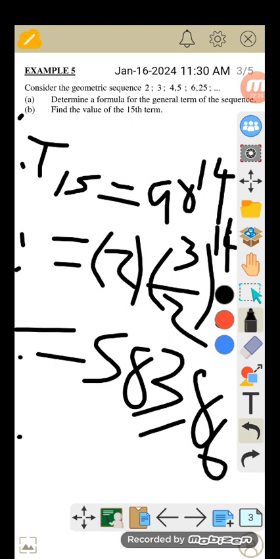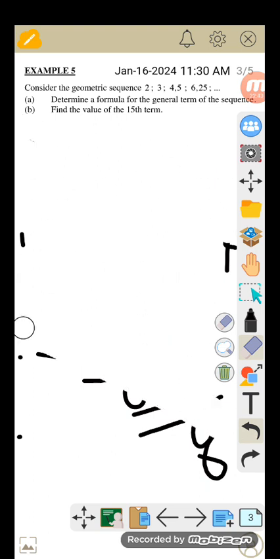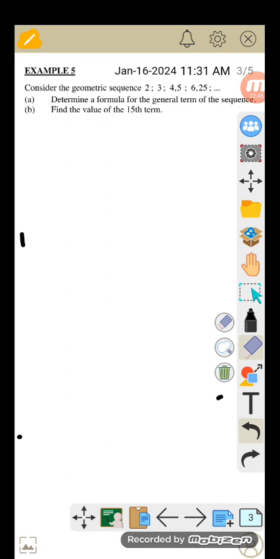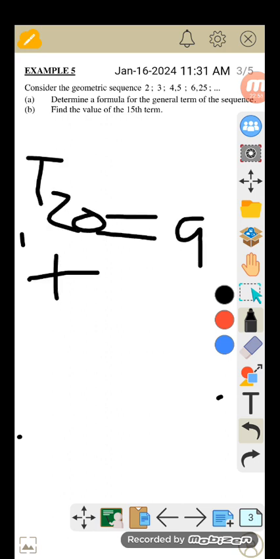Even if it was an arithmetic sequence, you have your first term, which is a, and your common difference, which is d. You can still find any term you want. For example, if you wanted T20 in an arithmetic sequence, you can just say that T20 is equal to a plus 19d.